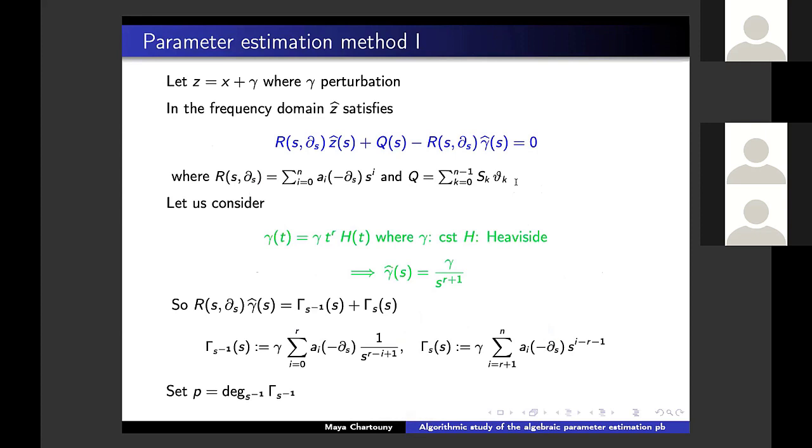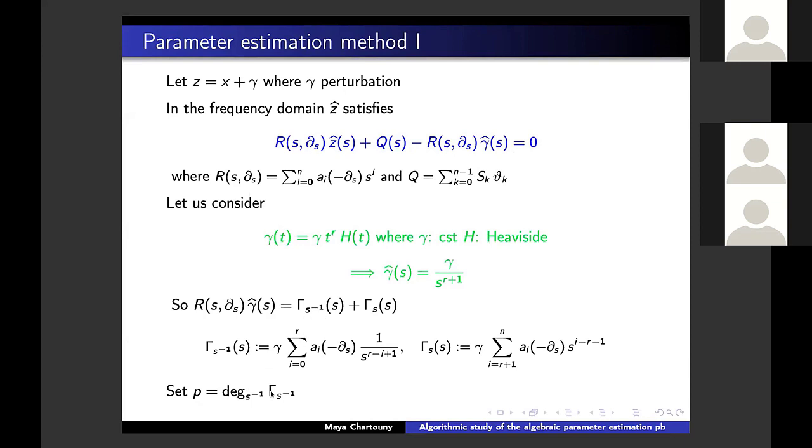So in general, if we have a signal plus a perturbation in the frequency domain, we have that z hat satisfies the equation in blue, where gamma is this perturbation, and if we apply the Laplace transform to it, we will get a fraction in S. So the last term can be rewritten as two polynomials, one in S inverse and the other in S. So we are interested in the degree of the polynomial in S inverse.